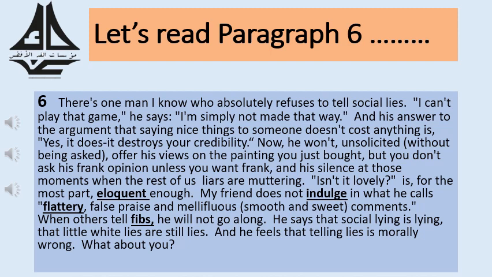The writer explains that when others give false praise, this man prefers to stay quiet because they are still lies and telling lies is morally wrong. At the end, the writer asks about the reader's opinion by saying, what about you?